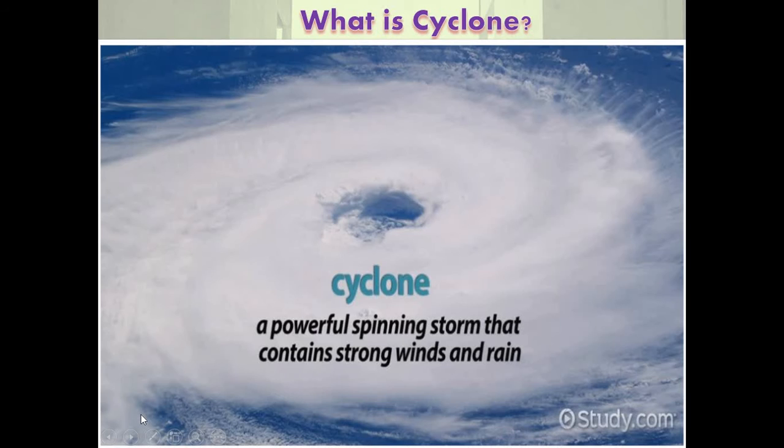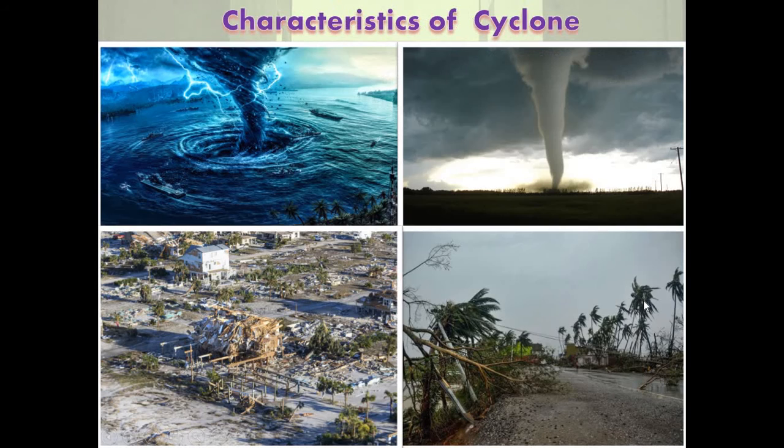Now, what is cyclone and its different names? Cyclone is a region of low atmospheric pressure surrounded by high atmospheric pressure, resulting in a swirling atmospheric disturbance accompanied by powerful winds blowing in an anti-clockwise direction in the northern hemisphere and the clockwise direction in the southern hemisphere.